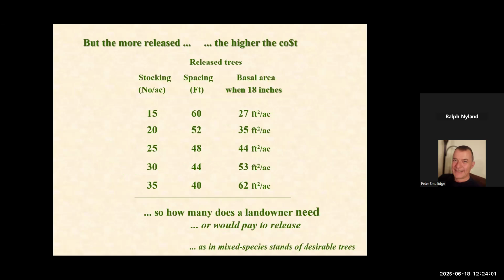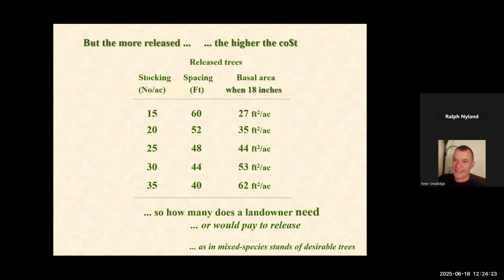But remember, the more you release, the higher the cost. So look at these options. They go on the left-hand column from 15 trees per acre released up to 35 per acre, and the spacing would vary between 60 feet for 15 per acre, up to 40 feet for 35 per acre.